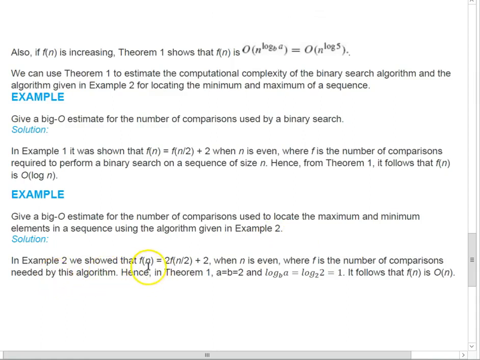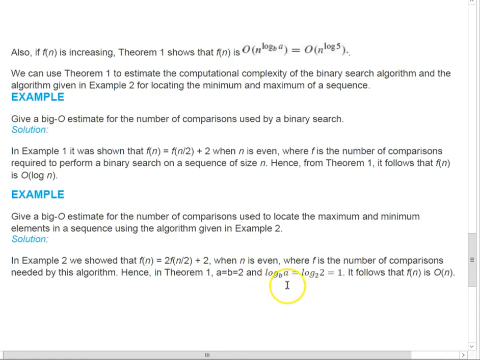We know that f(n) is 2 times f(n/2) plus 2 when n is even, where f is the number of comparisons needed by this algorithm for a sequence of size n. Hence, assuming again that f is an increasing function, Theorem 1 applies with a equals 2, b equals 2, and c equals 2.